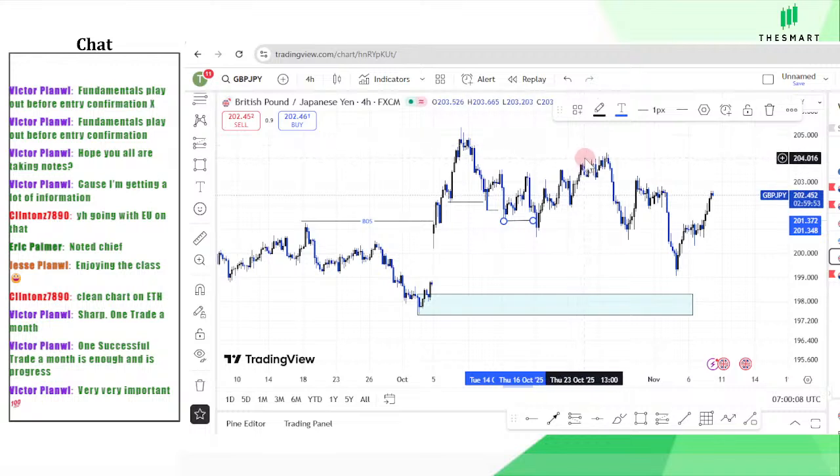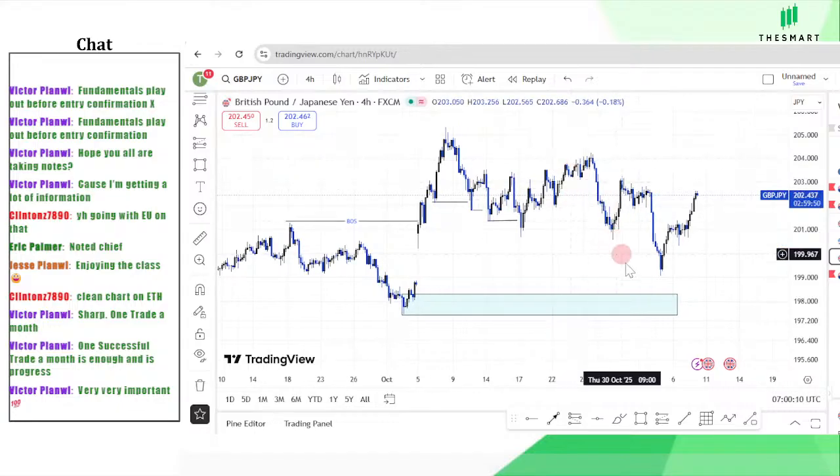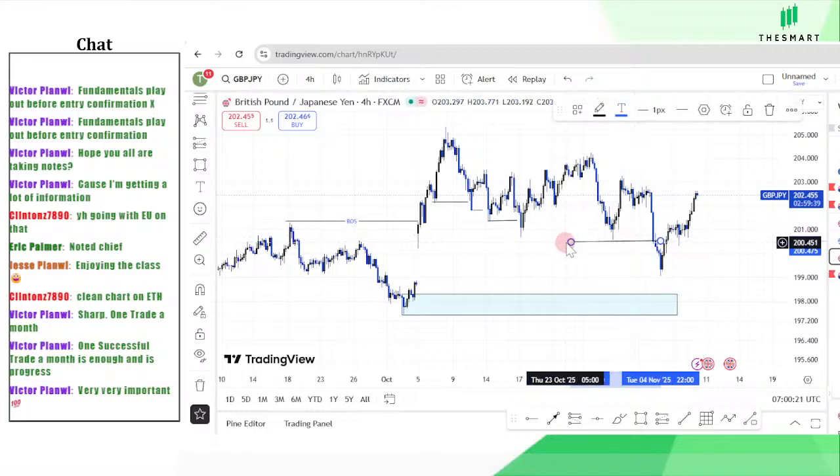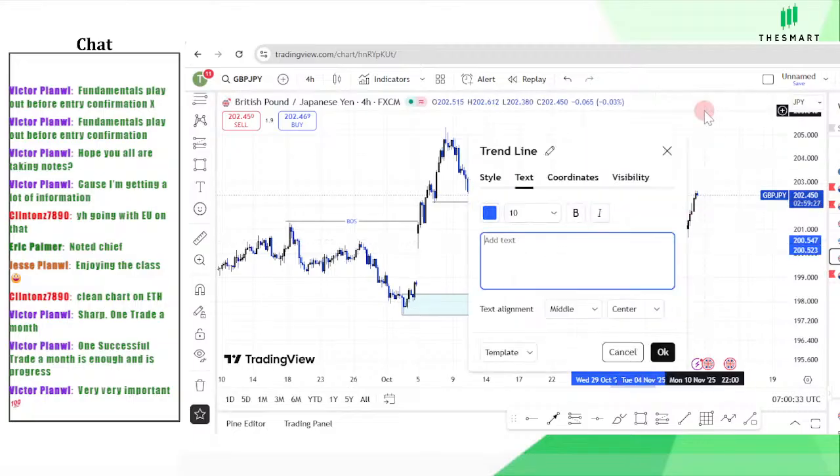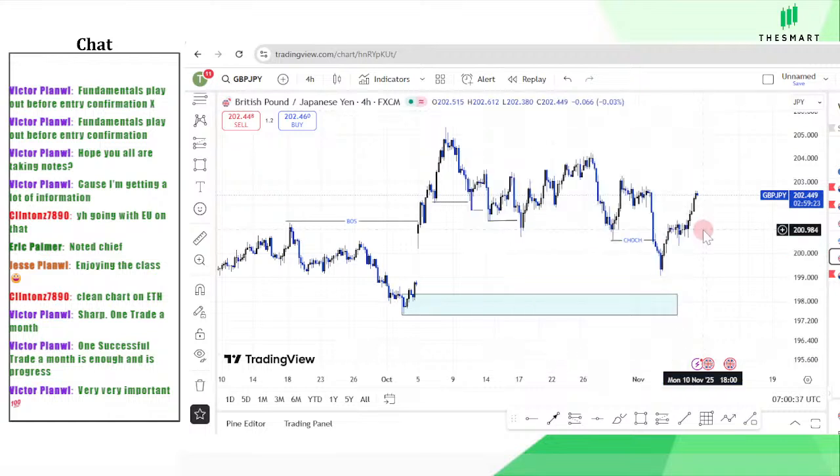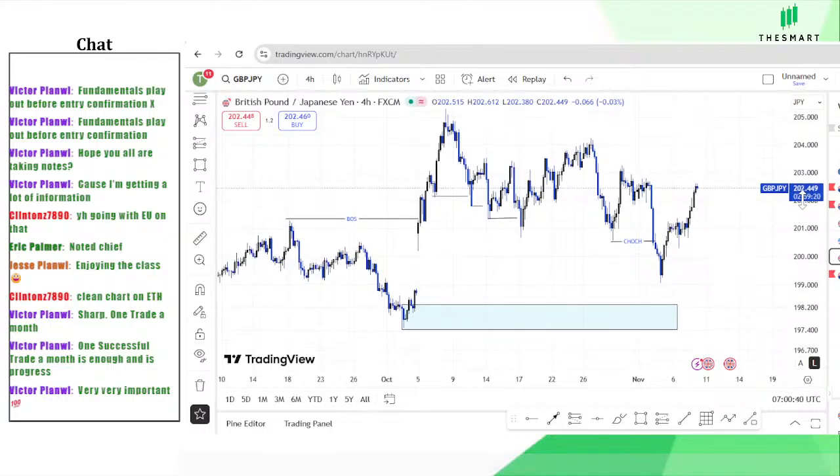All right, so if you look at this price now, what do we have? Let's look at this. We have this sweep, and price then gave us this change of character. So we have this change of character at this level. Having this change of character, what do you want to see?